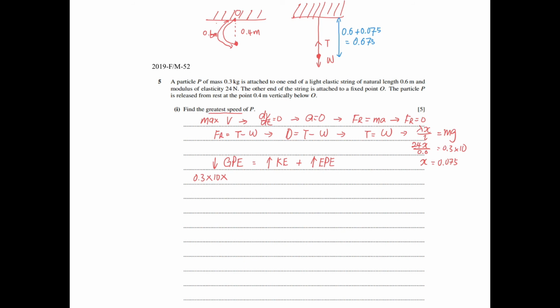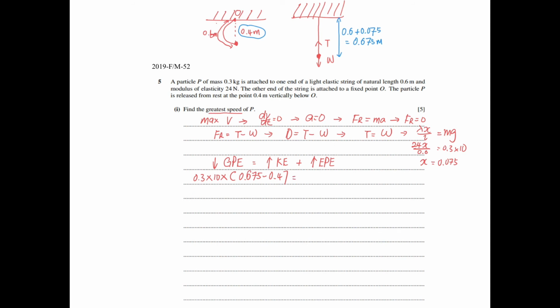That is the length of the string when it has greatest speed. If you compare with the 0.4 meter, the initial distance from the ceiling, the change of height is 0.675 minus 0.4. This is the change of GPE, so we put it in that way.